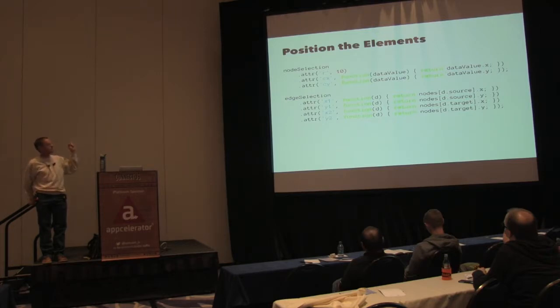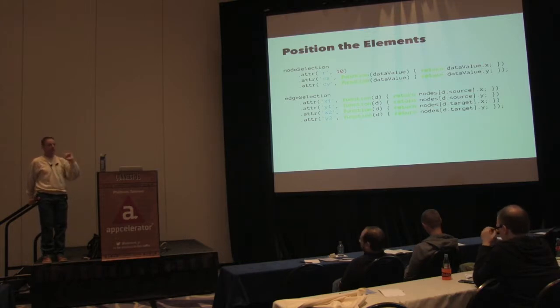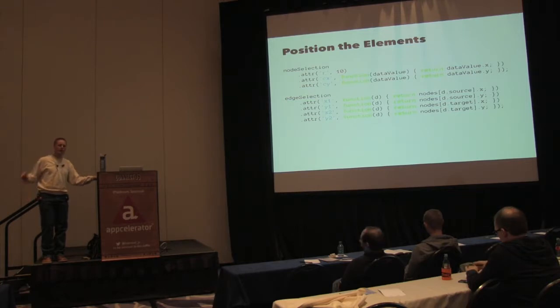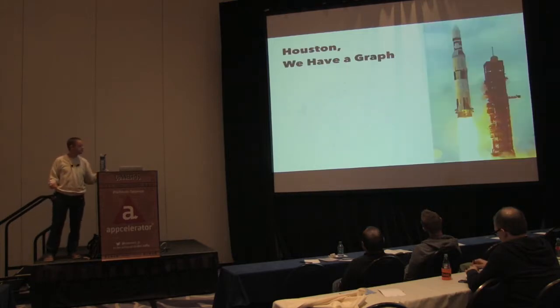So at this point, we've added the node circles to our web page, and we've added the edge lines to our web page, and now we've gone through and set the attributes, the radius and the X and Y coordinates of all of those elements, so that we've positioned the nodes, at least in their starting place, on the graph.